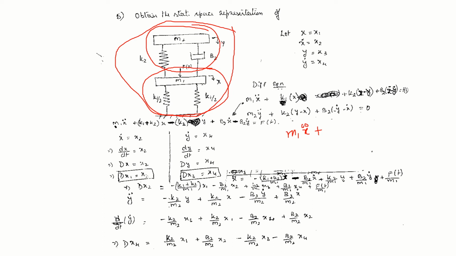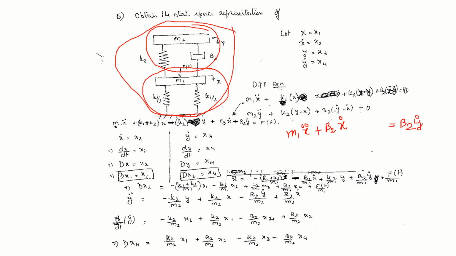Here you will get x and y. So let me write b2 x dot is equal to b2 y dot.